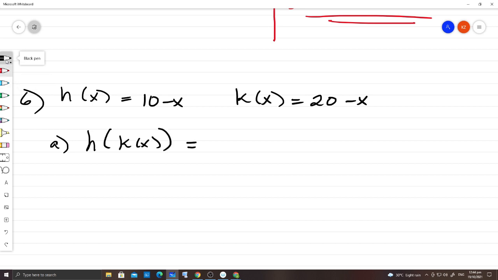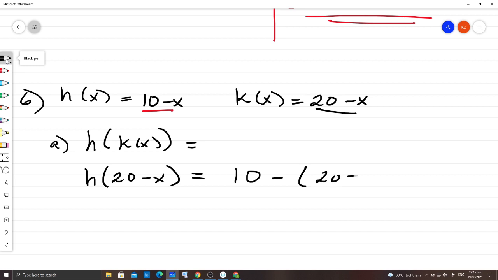It means that we are going to use the function of h. To avoid confusion, you can write like this. After you see the question, you can write h composed of 20 minus x, because k of x is 20 minus x. So our answer is 10 minus 20 minus x.